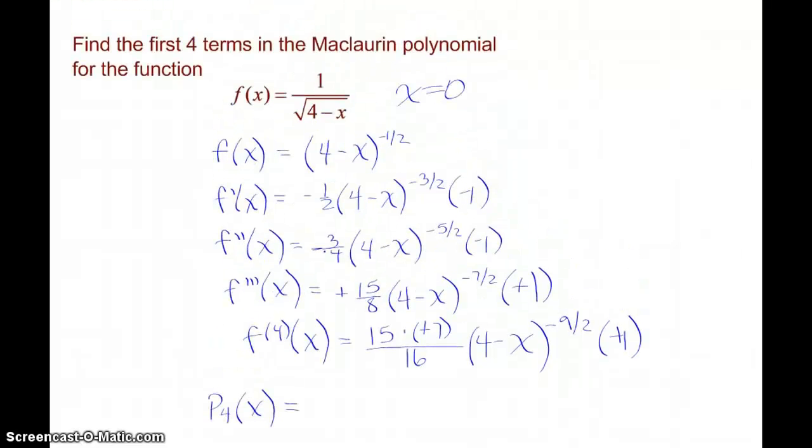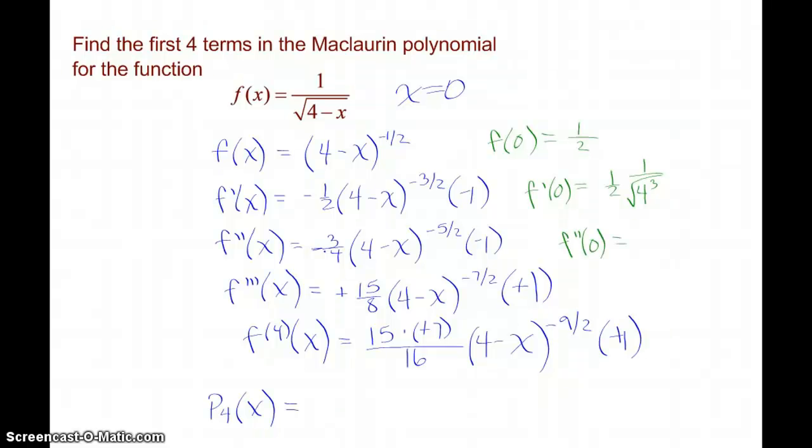Let's go back here and evaluate them all at 0. F of 0 is 1 over the square root of 4, so that's 1/2. F prime of 0 is positive 1/2 times 1 over 4 cubed and the square root of that.